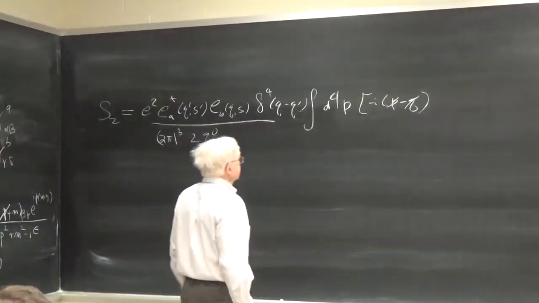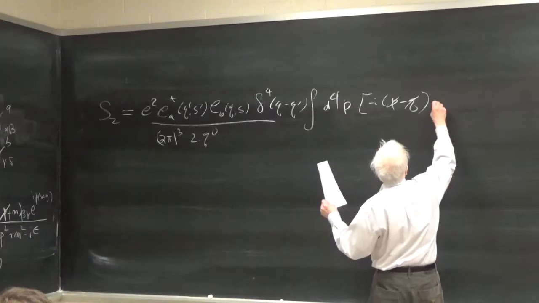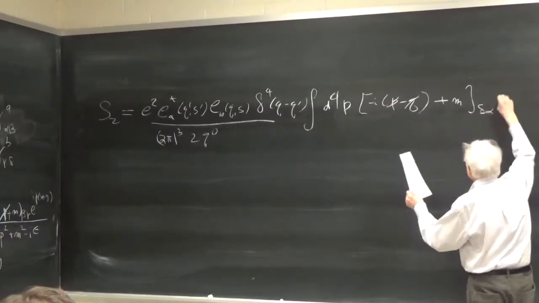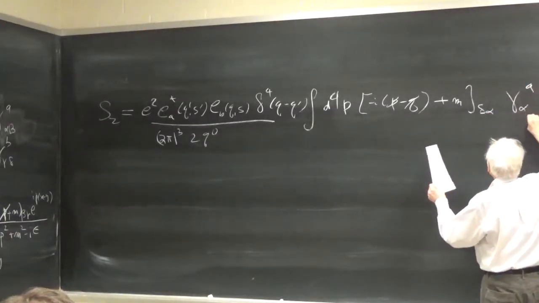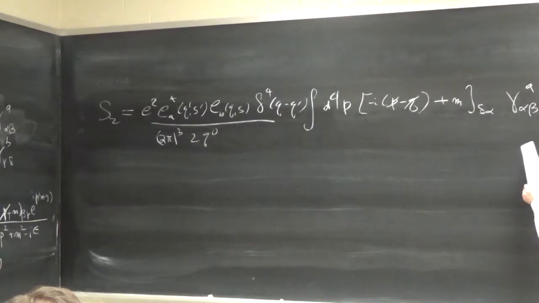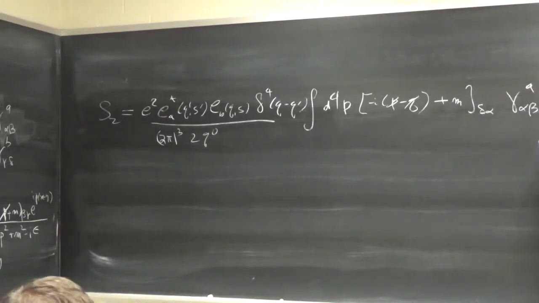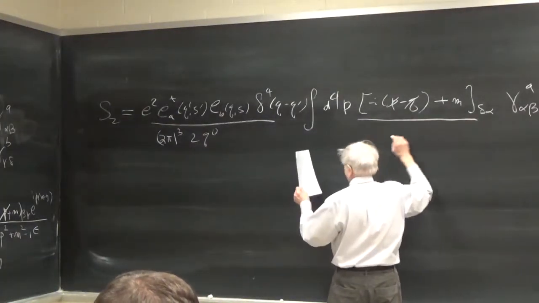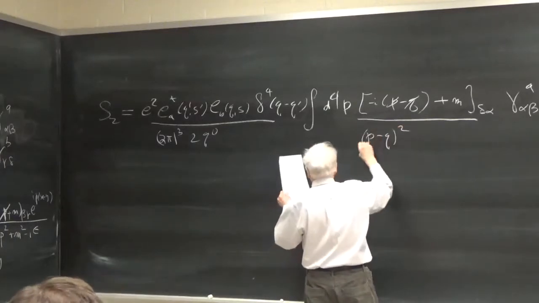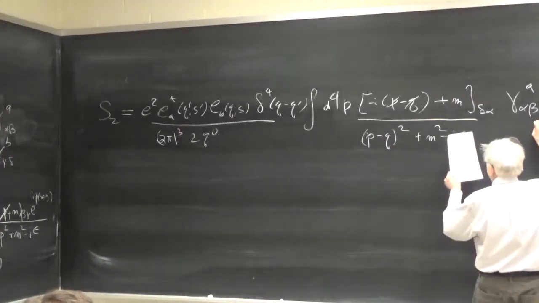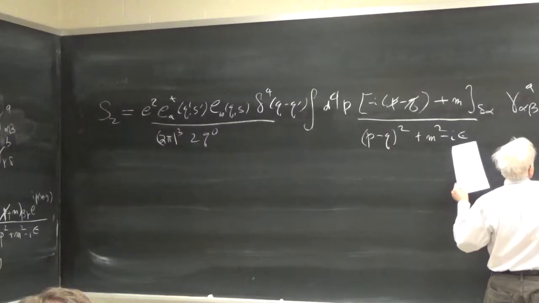So k turns into p minus q plus m, delta alpha gamma a alpha beta, minus i p slash plus m, beta gamma, gamma b gamma delta, and the denominators are p minus q squared plus m squared minus i epsilon, and over here p squared plus m squared minus i epsilon.